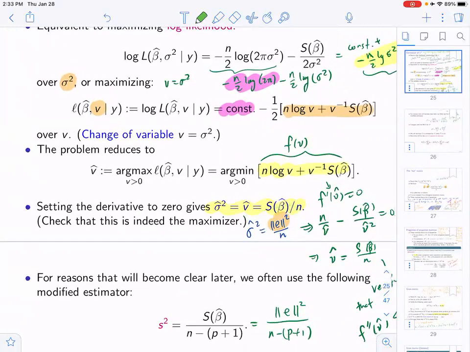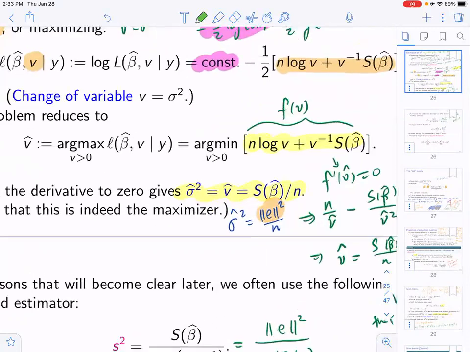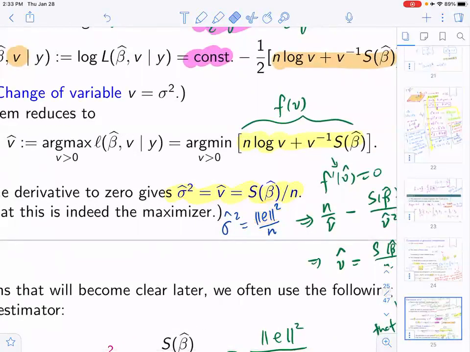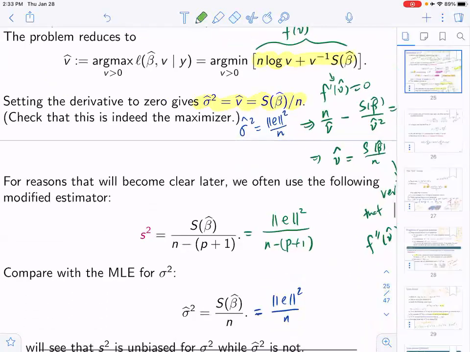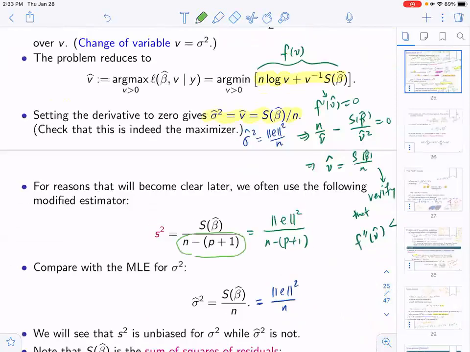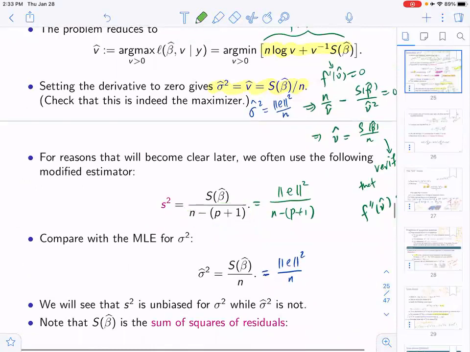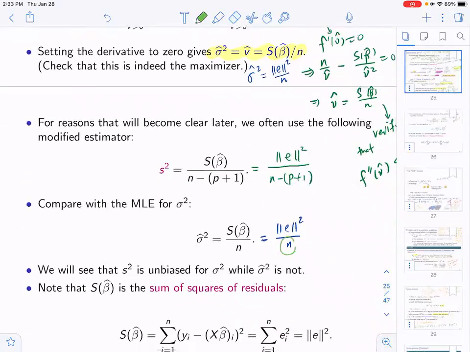In practice, we are not going to use this. We're instead going to replace the denominator with this number instead of n. And we'll see why we do that. Compared with the MLE, the only difference is that we replace this n with this, and we're going to use this as our estimate of sigma squared rather than the MLE.